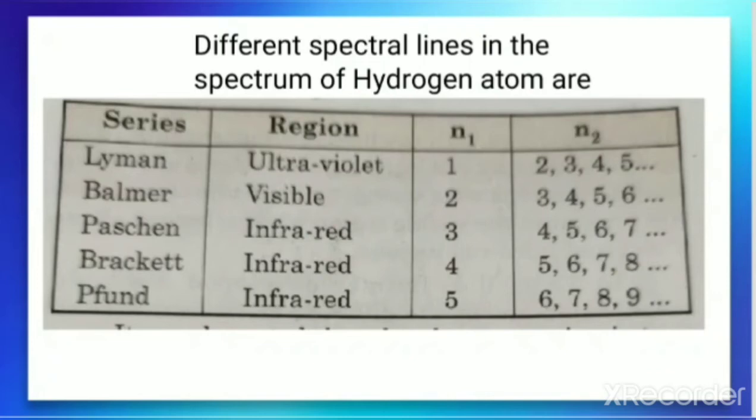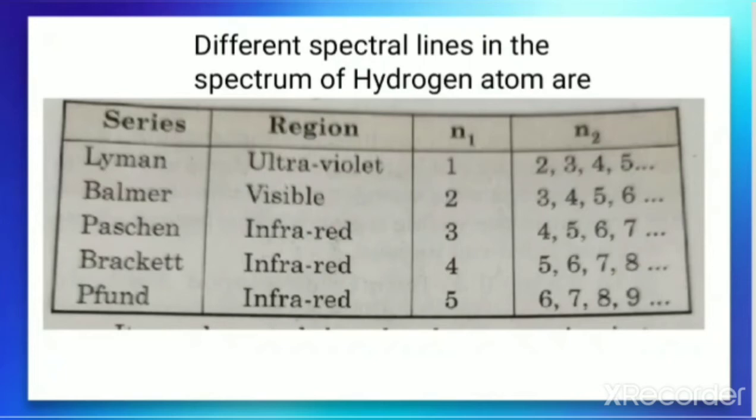That means the transition can be from second to first, third to first, fourth to first, fifth to first. In the Balmer series, n1 is 2, but n2, as I told you, is greater than n1, so n2 will be 3, 4, 5, 6 and so on.